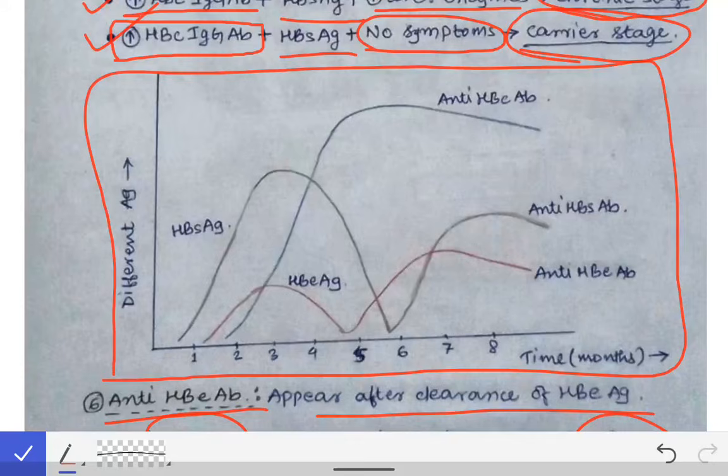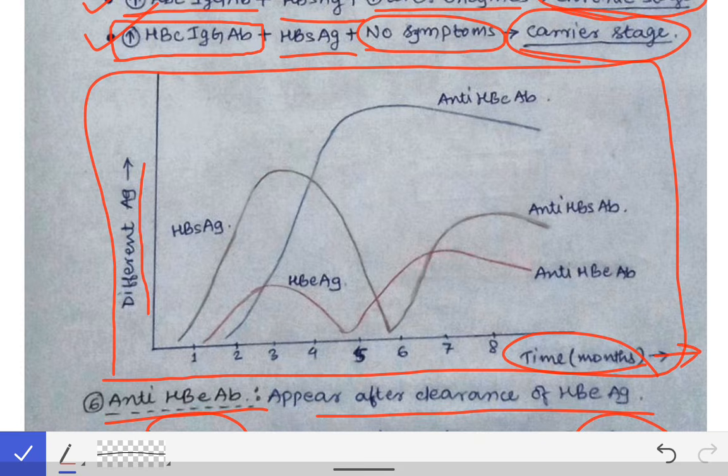Here we have put the antigens along the y-axis and the time in months on the x-axis. We have learned earlier that HBs antigen is the first antigen to be elevated. Within 1 month, this HBs antigen starts appearing, and after the HBs antigen, what appears?